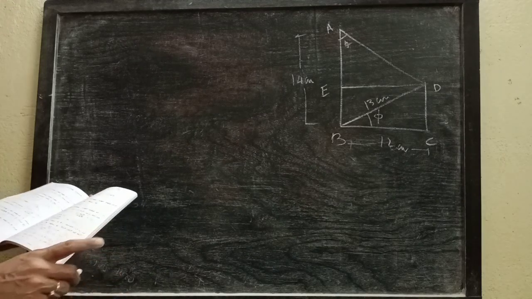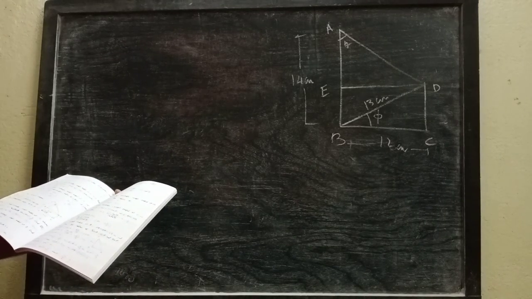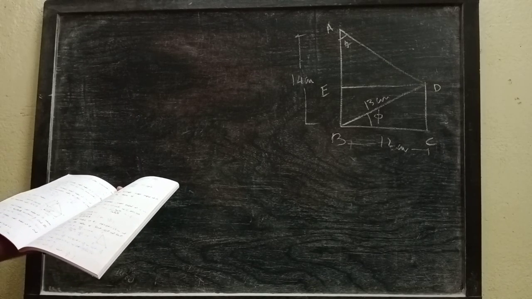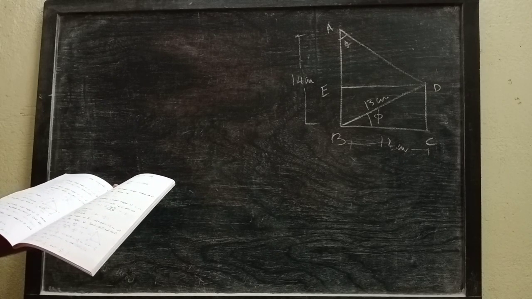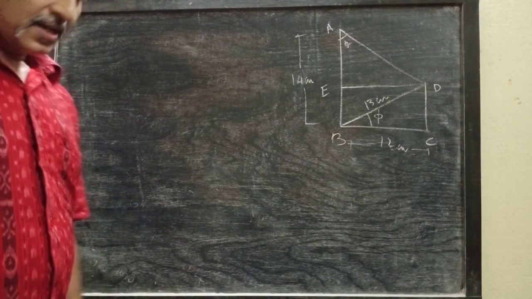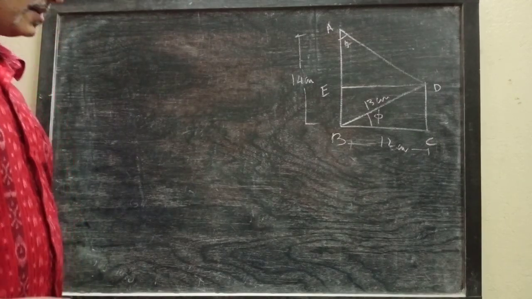In the adjacent diagram, AB is 14 centimeter, BC is 12 centimeter, BD is 13 centimeter, angle DAB is theta and angle DBC is phi. You are asked to find trigonometric ratios of theta and phi. I will do ratios of theta, you have to do ratios of phi.